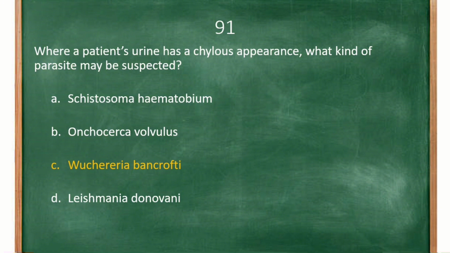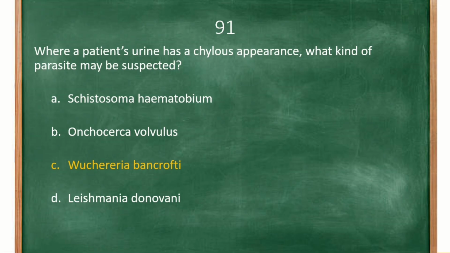That's Wuchereria bancrofti. Okay, if you look at Schistosoma, it causes urinary schistosomiasis, and it causes blood in urine. That's hematuria. So it's not associated with chylous appearance in urine. Then if you look at Onchocerca, it causes river blindness. That's onchocerciasis, and it primarily affects the skin and the eyes.